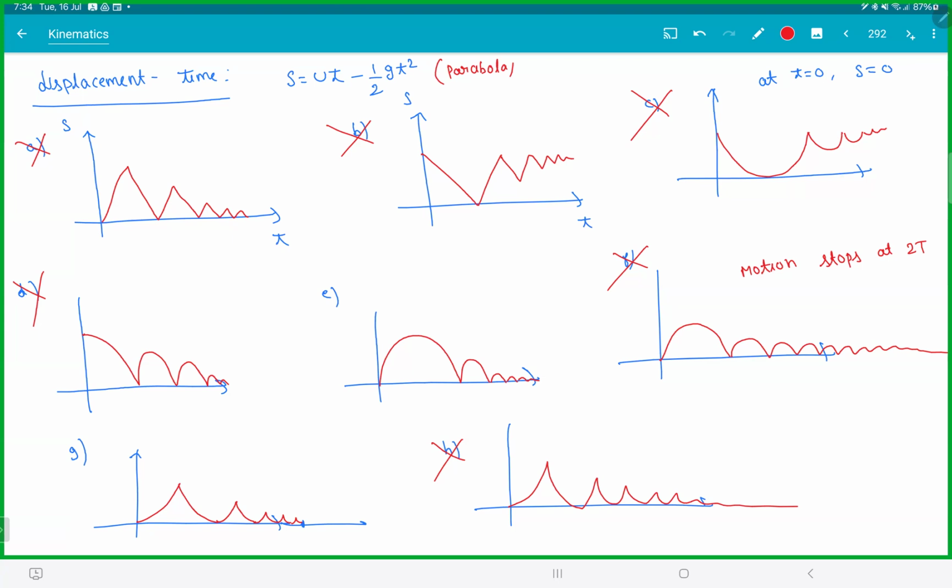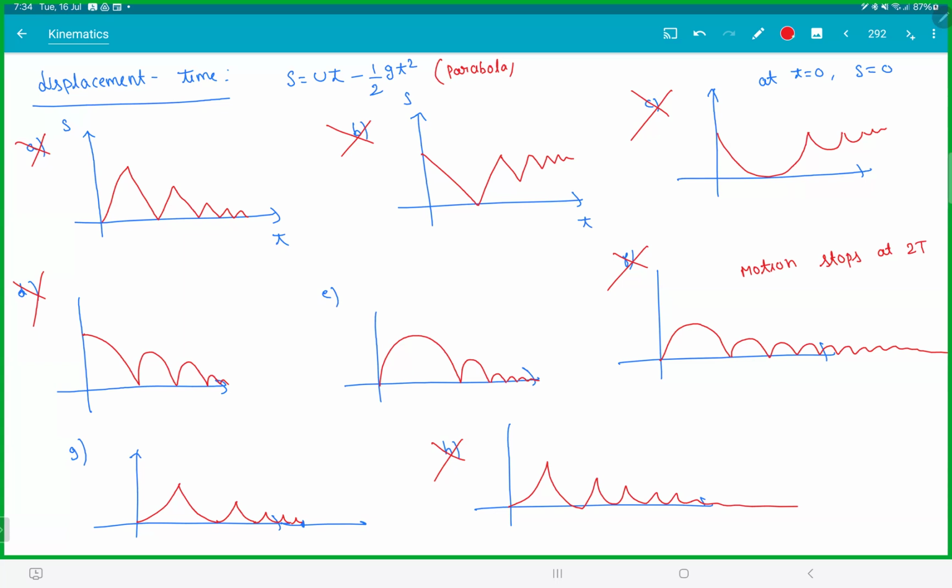There are at least 2 ways you can say that it is wrong. Because a is greater than 0. Velocity is increasing for G. Yeah, right.